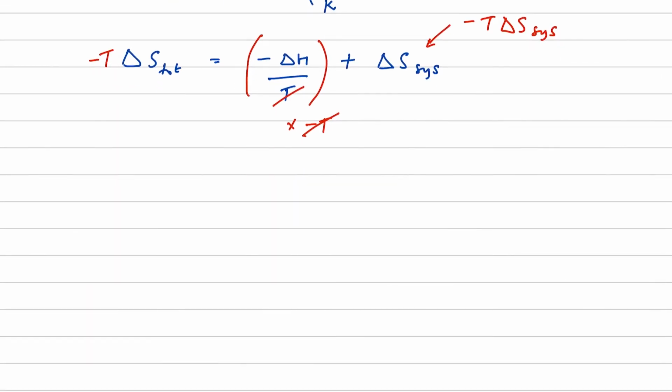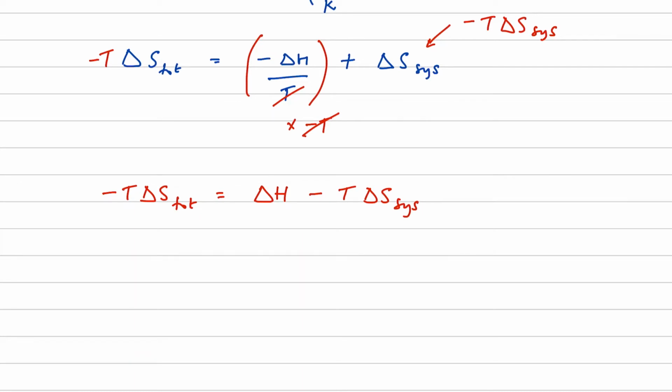So that gives us this equation. Minus T delta S total is equal to delta H. Remember, we've got rid of the negative sign because we multiplied by negative temperature. Minus T delta S system.